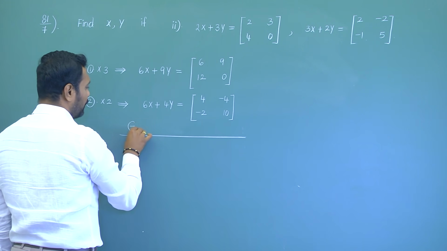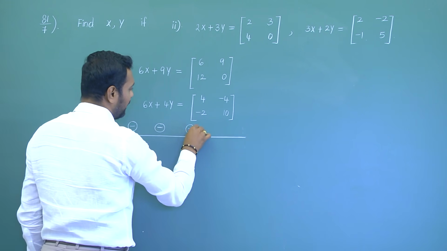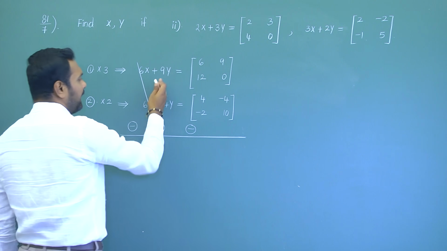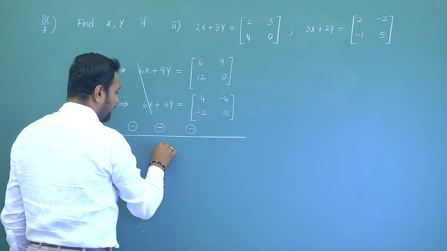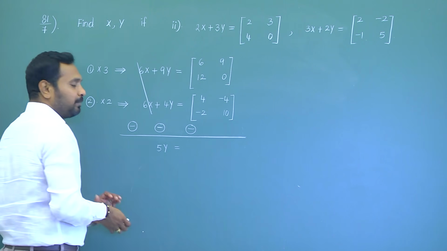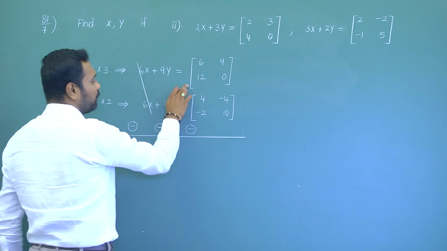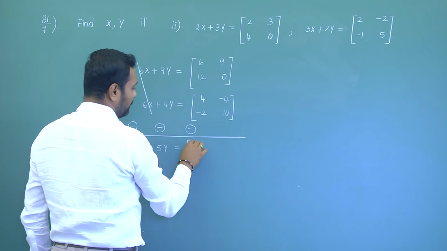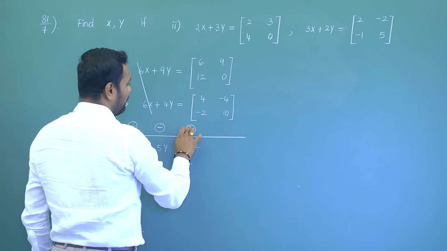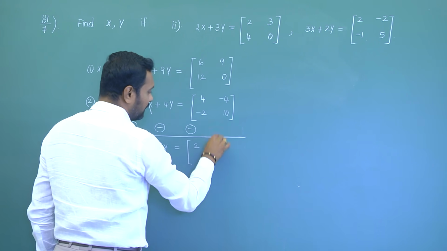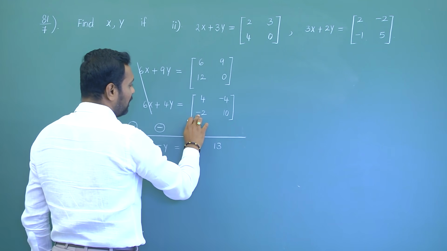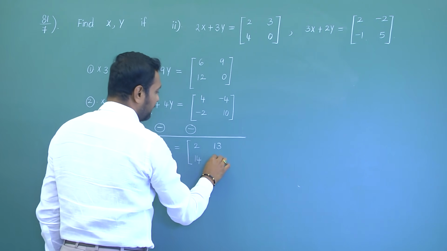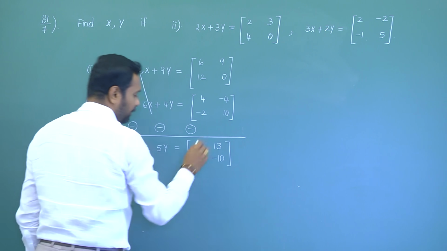So if I subtract, then the capital X variable can be cancelled. Then 9 capital Y minus 4 capital Y, we will get 5 capital Y equals, I am doing the subtraction of these two matrices directly: 6 minus 4, 2; 9 minus of minus 4, 13; 12 minus of minus 2, 14; 0 minus 10, it is minus 10.